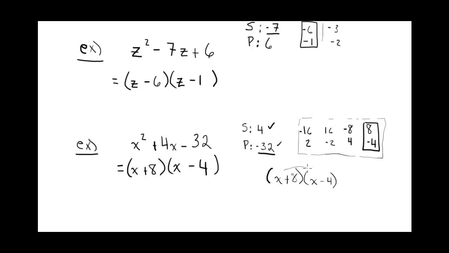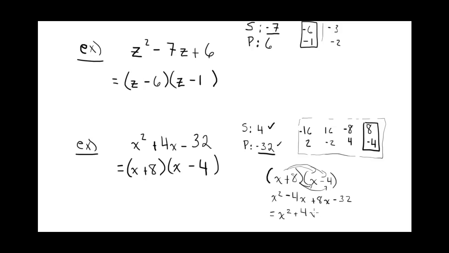So if I expand this, x squared minus 4x, and then 8 times x, and 8 times minus 4, so plus 8x minus 32.